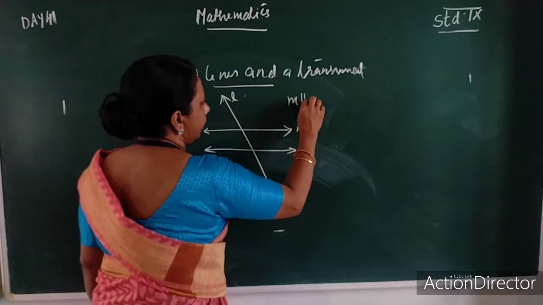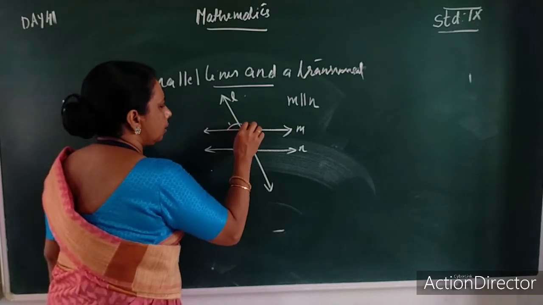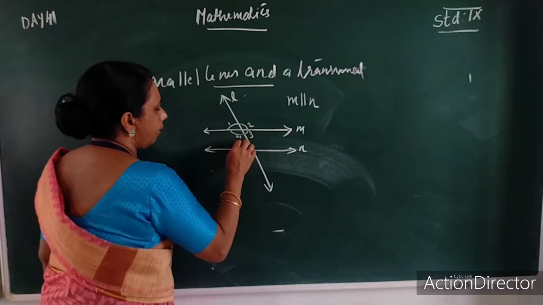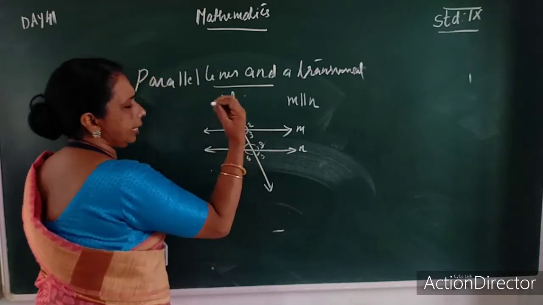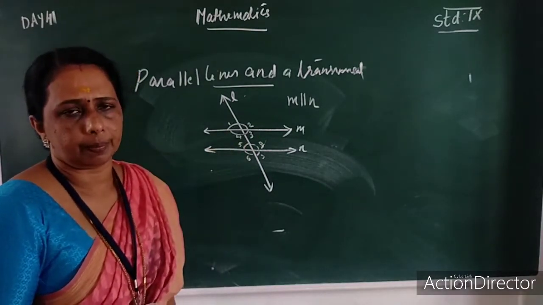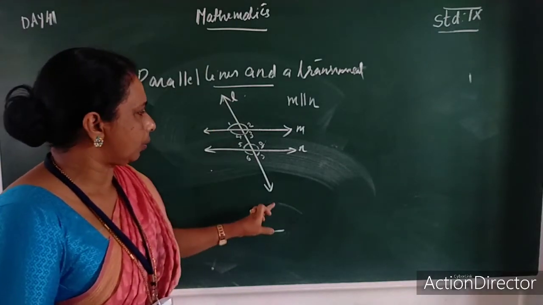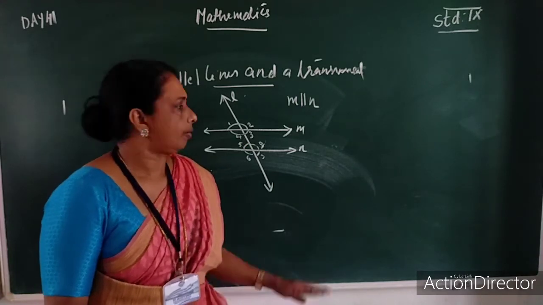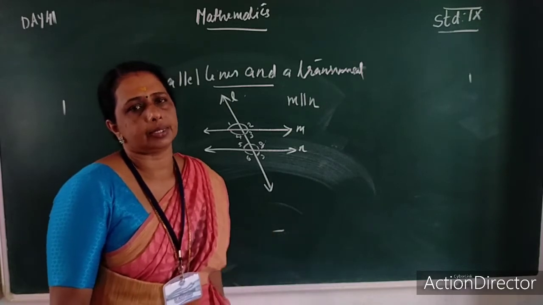Here M parallel to N. Here are formed angles 1, 2, 3, 4, 5, 6, 7 and 8. We already studied the names of these angles. When two parallel lines are cut by a transversal, these angles have some properties. Today we will study the properties of these angles.